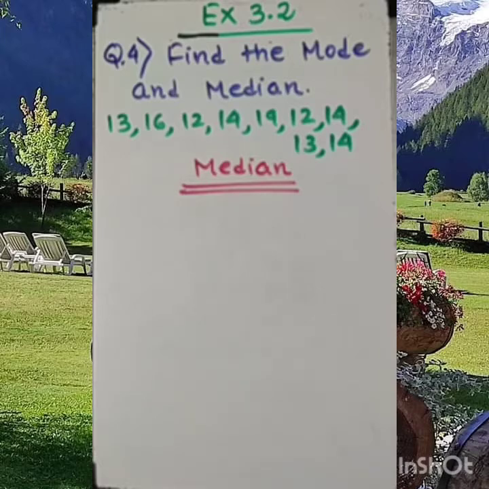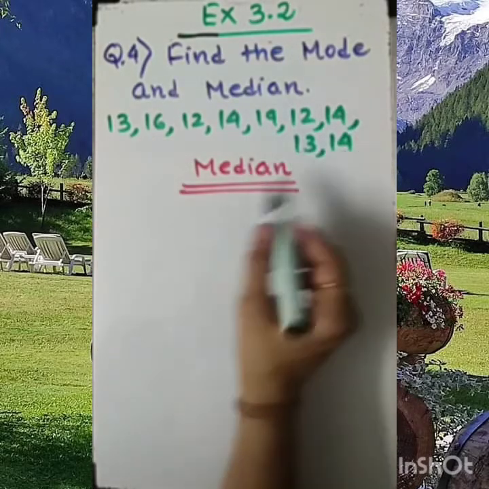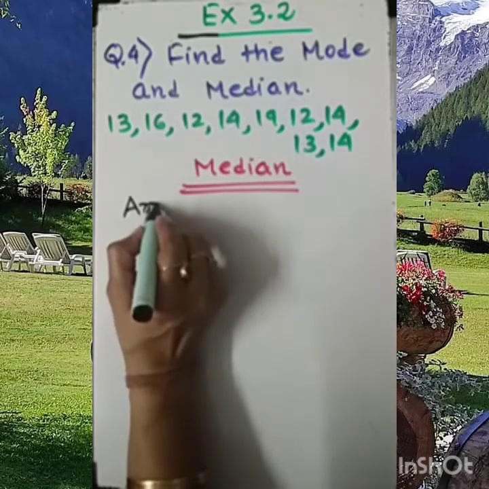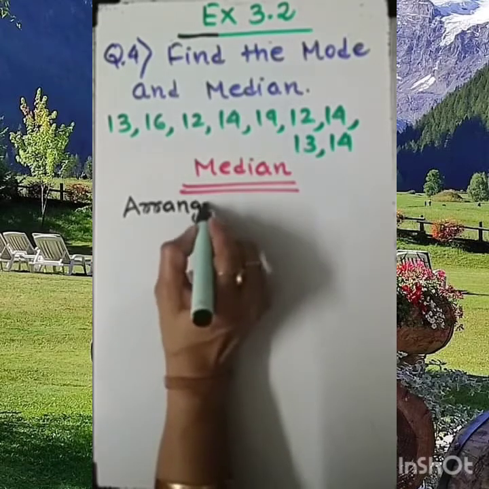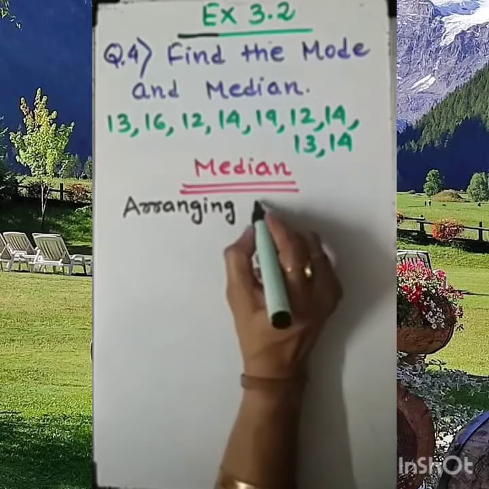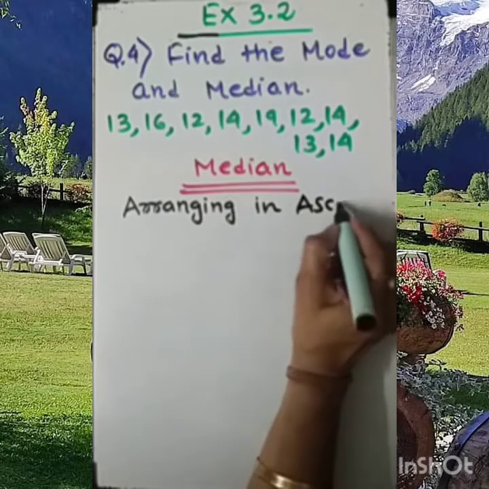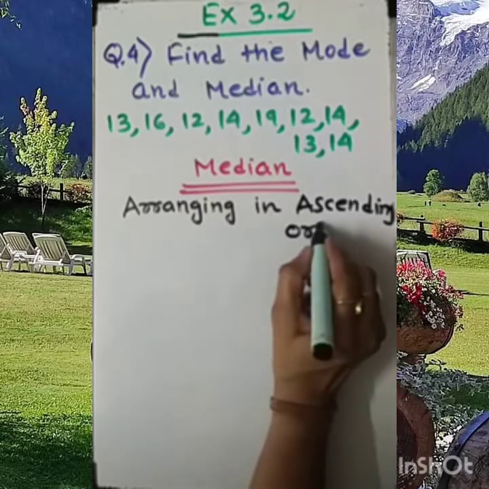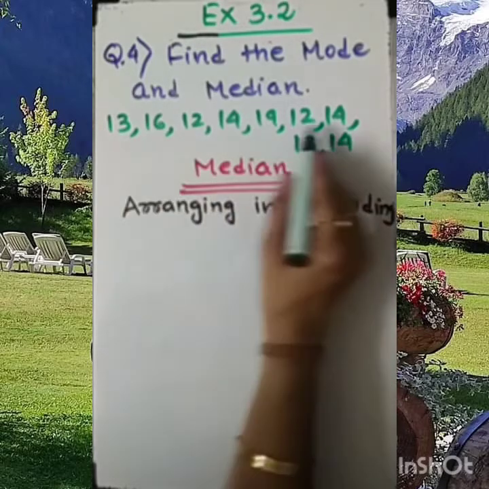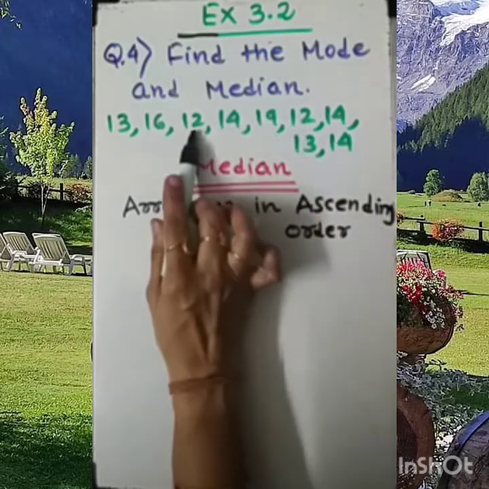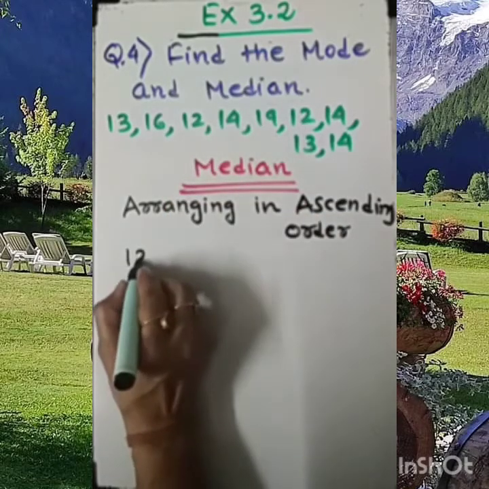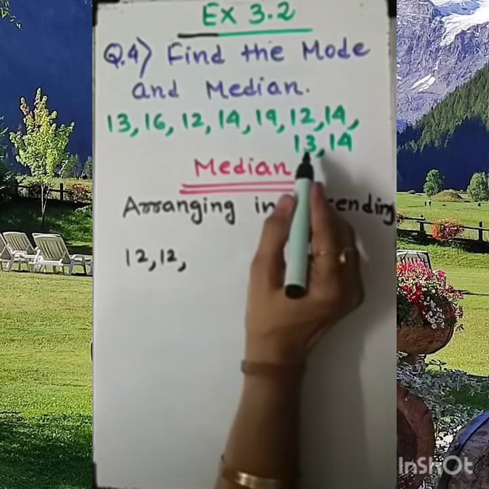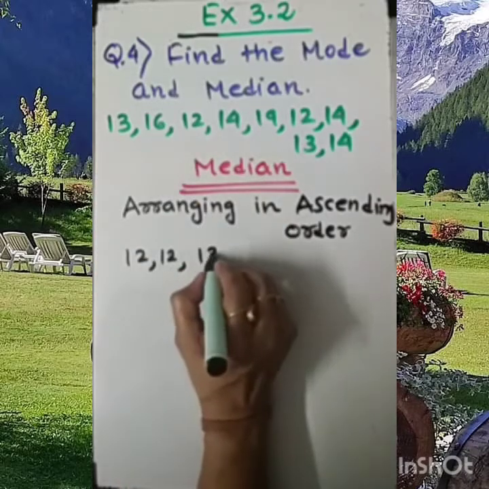So to find the median, the basic requirement is to arrange the given data in ascending order. So let's note down arranging in ascending order. Okay, I'm arranging the given data in ascending order. 12 is two times, so let me note down 12 comma 12. 13 two times, okay.